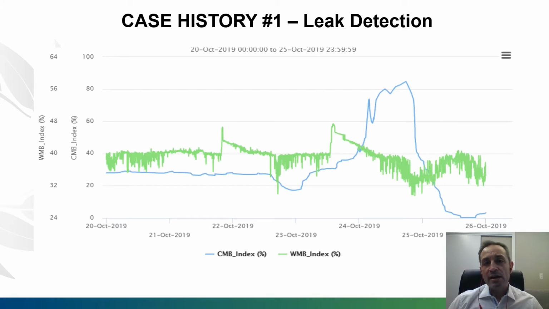And I finalize bringing to you two case histories from a plant in South America, a pulp mill in South America. The first case history, as you can see in this graph, we took different curves. The green line is the water mass balance, so expected flow with actual flow of water.